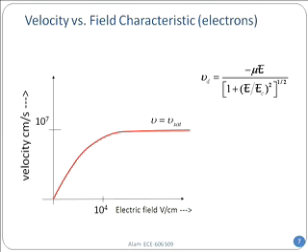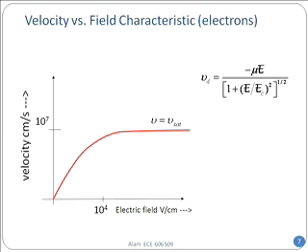So if the field is lower than that, then the second term in the denominator will be 0, and the velocity will be just mu times E. The minus sign is because these are electrons: the electrons will be going opposite to the direction of the electric field. No problem. Now if the field is very large, then what would happen?